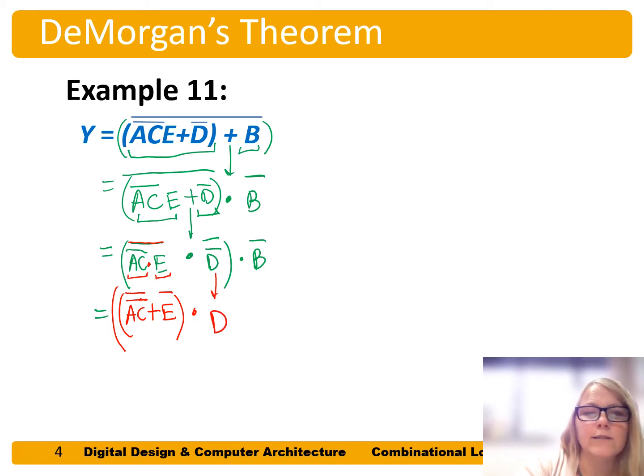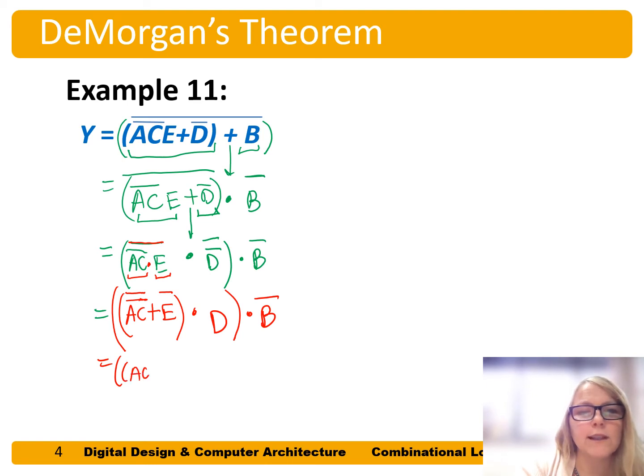So D bar bar is just equal to D. And then I AND that all with B bar. You can see how I keep it aligned. Makes it easy for me to double check that I didn't drop a bar or change an AND to an OR where I wasn't supposed to. And so now I'm going to do involution on this first term.